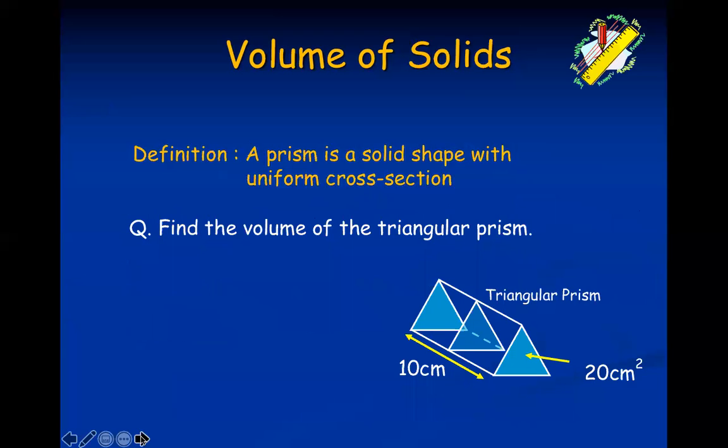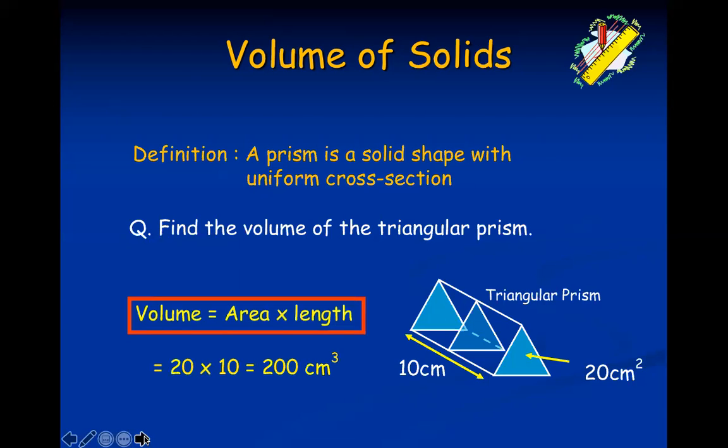What's the area of the cross section from what you can see here? 20 centimeters squared. Times the length, which is 10 centimeters. So now the volume is just 20 times 10, which is 200, and a centimeter squared times a centimeter. This time it becomes a centimeter cubed.